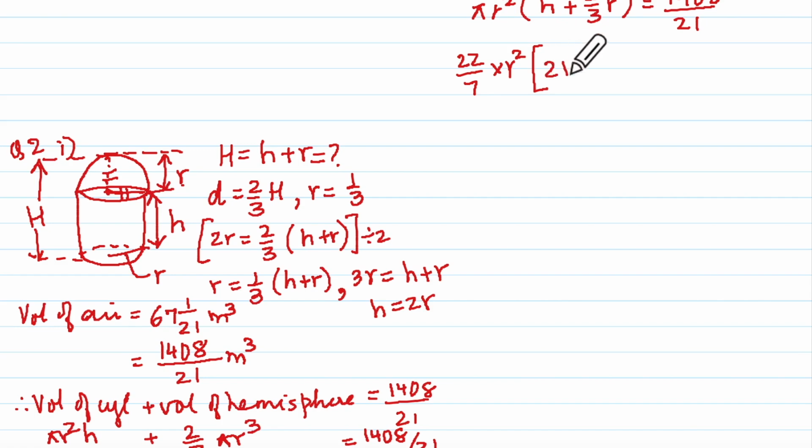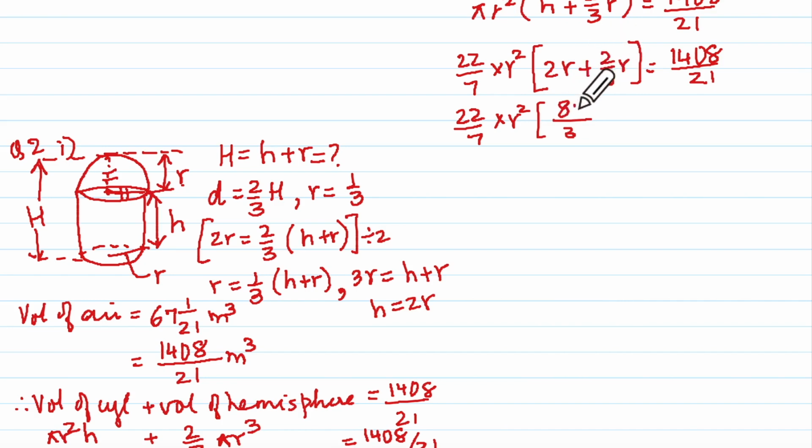So I'll write here 2r plus 2/3 r. Are you okay with me? Yes, ma'am. This would be a little better. It was a little trying type of question. So we have 22 upon 7 into r square, and here it will be how much? 6r plus 2r upon 3.